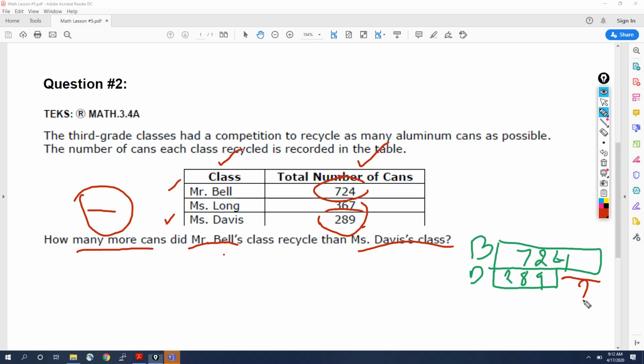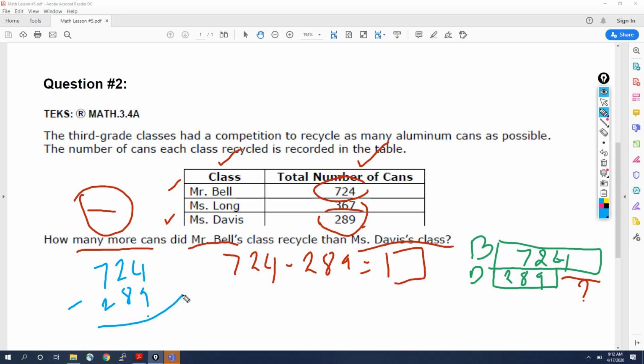So our number sentence is 724 take away 289 equals blank. Okay, so let's solve it. 724 take away 289. 4 cannot take away 9, so I'm going to regroup.